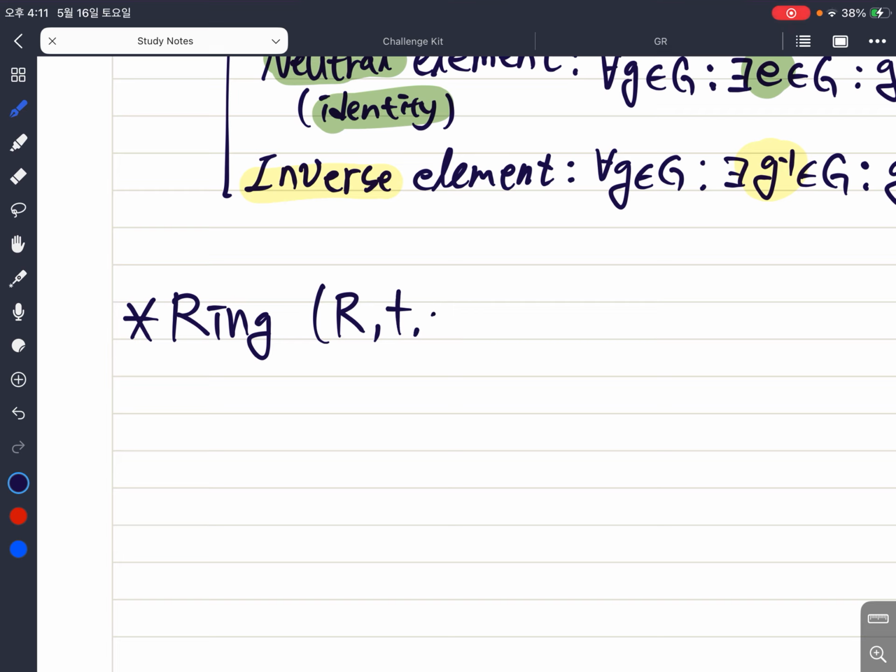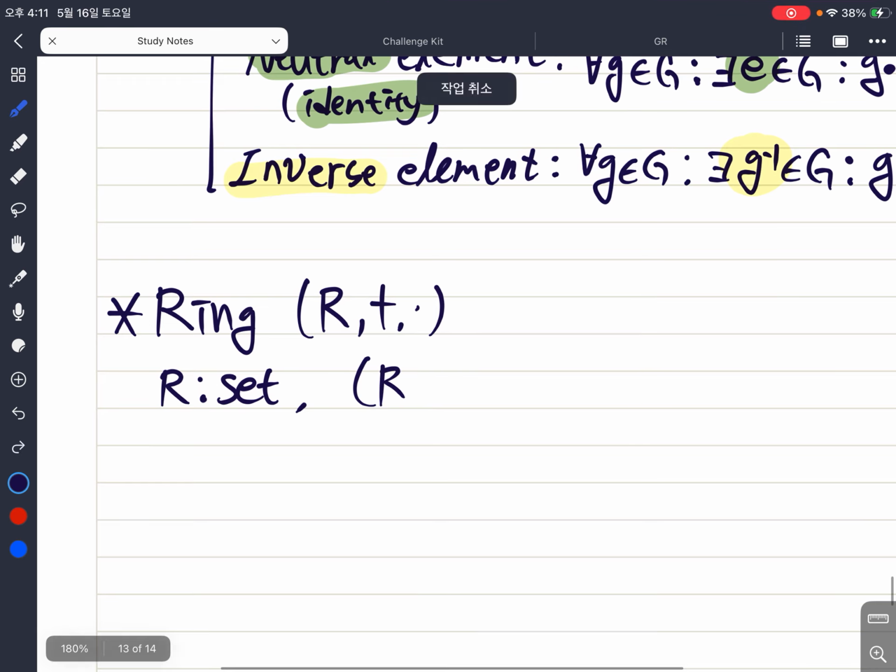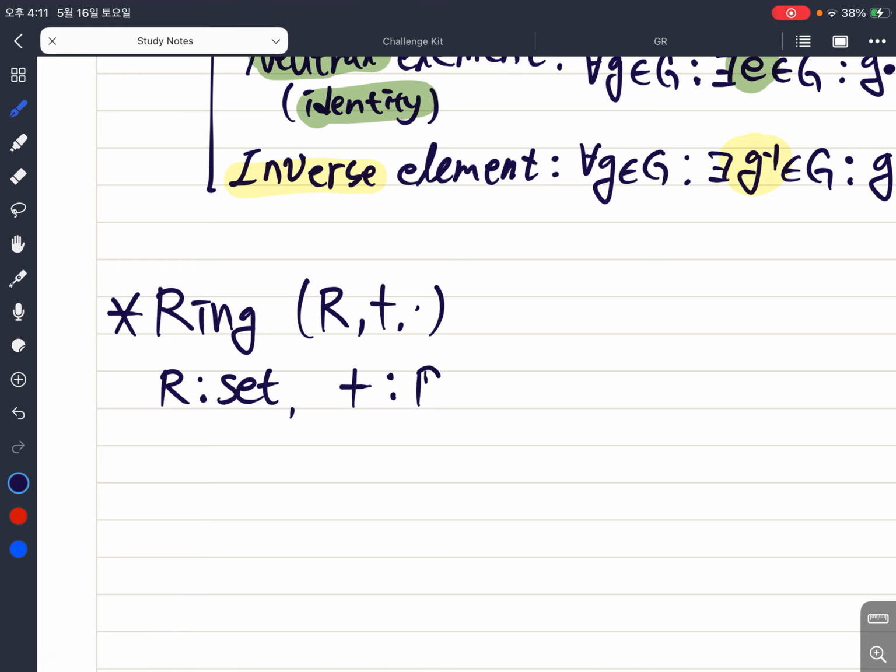R is again a set, and plus is a binary operation, R times R to R, and dot is also a binary operation with the same domain.